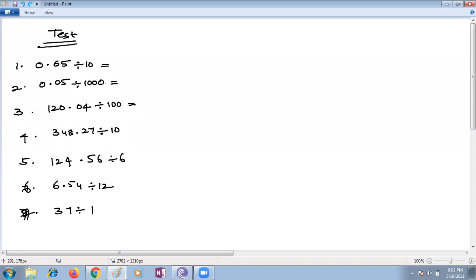Ma'am, this is test, ma'am. Yes, please complete it. Divide 37 by 16. Seventh one is 16. Different models, all the models I'm covering and giving, children. Please try to do all the bits. Divide 37 by 16 is over.